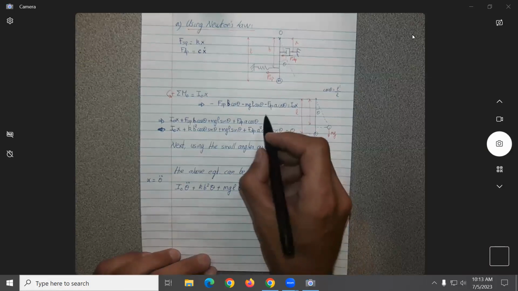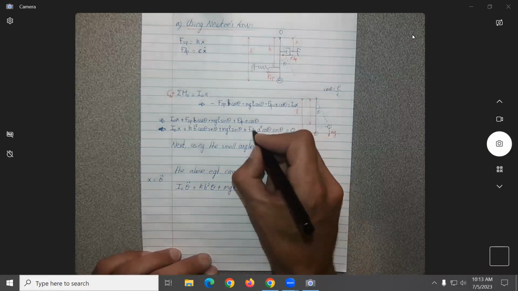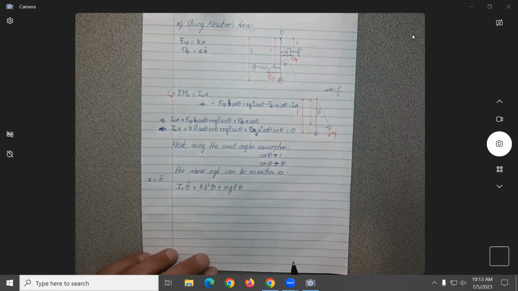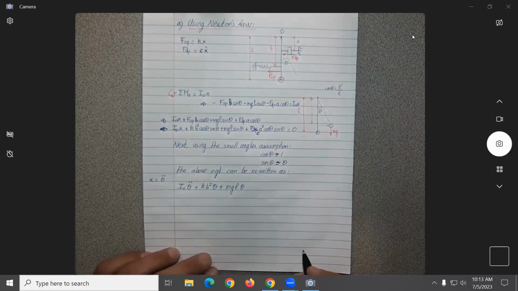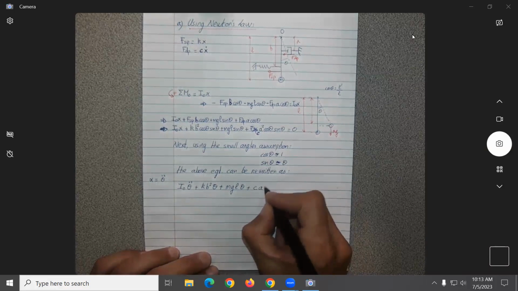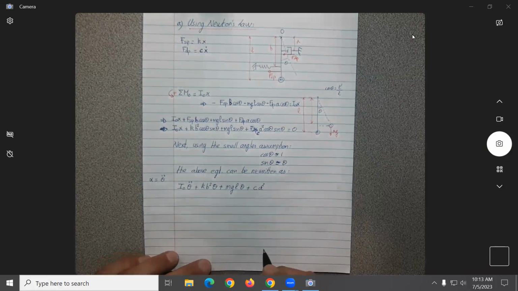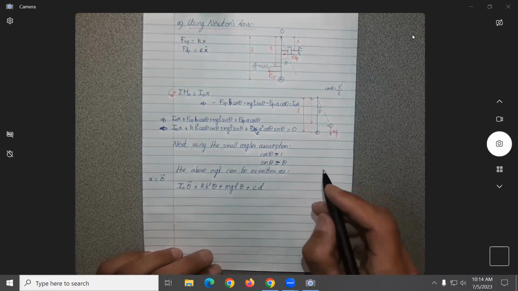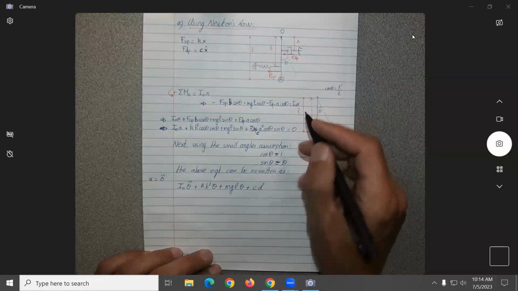I was going too fast here. This should not be F damper. This should be already C, no? Okay. And then it should be the last term plus C A squared. And this should be this theta dot.